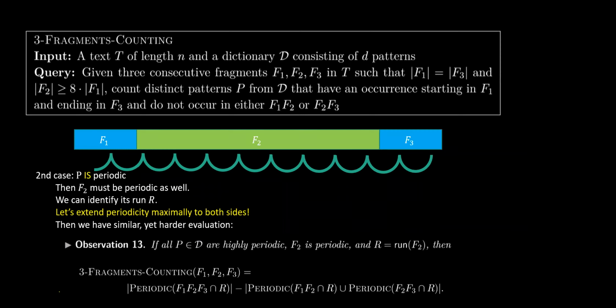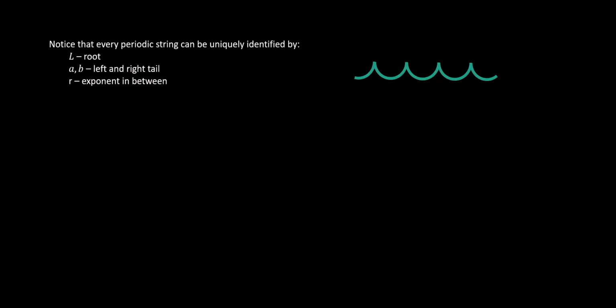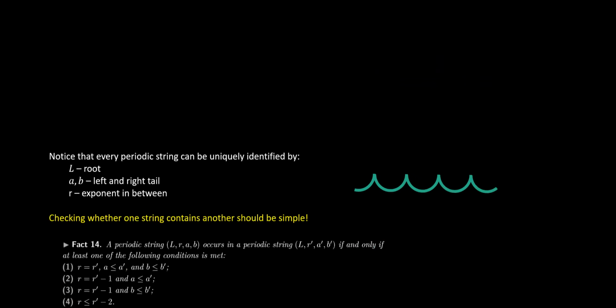We need to get some periodic occurrences and subtract some others. And notice that all periodic strings can be uniquely identified by fixing the Lyndon root and having the left and right tail lengths of them. And then we could generate from these 4 numbers and 1 word the entire periodic string.